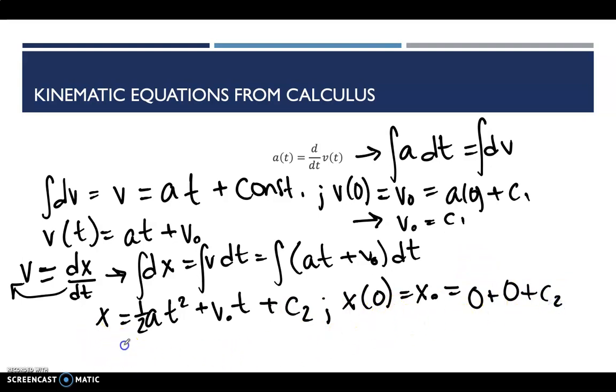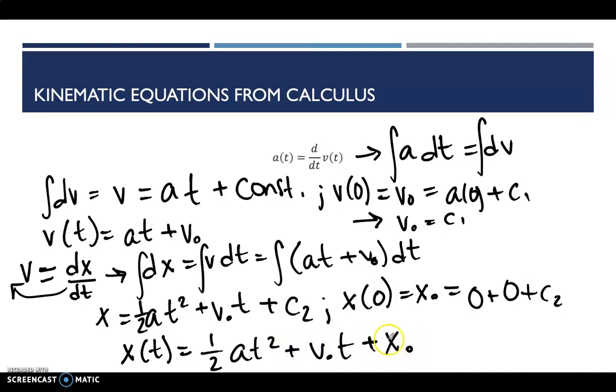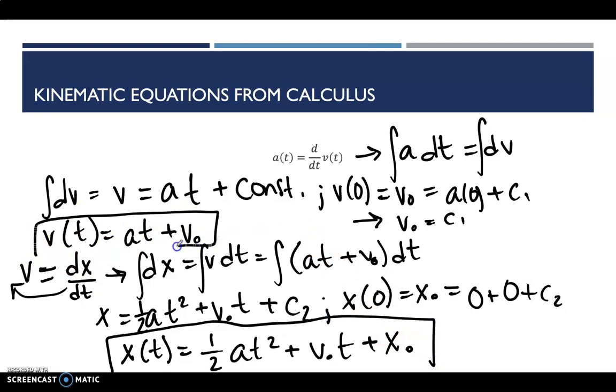Therefore, we can solve for x of t is equal to 1/2 a t squared plus v naught t plus x naught. So this one here and this one here are our kinematic equations derived through calculus.